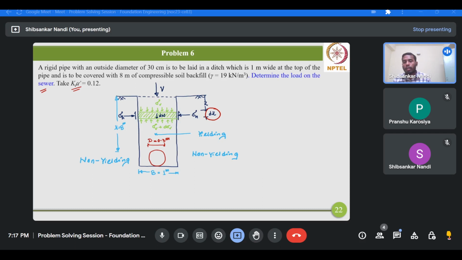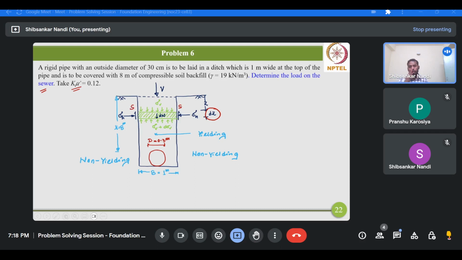Now when this slice tries to move down, this will be the deflected pattern. Okay, so in this way it will try to move. Now when it will try to move in the downward direction, along the slip line, slip plane or slip surface, shear resistance will be generated.